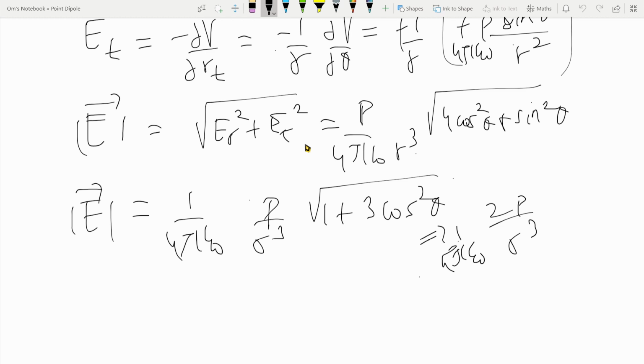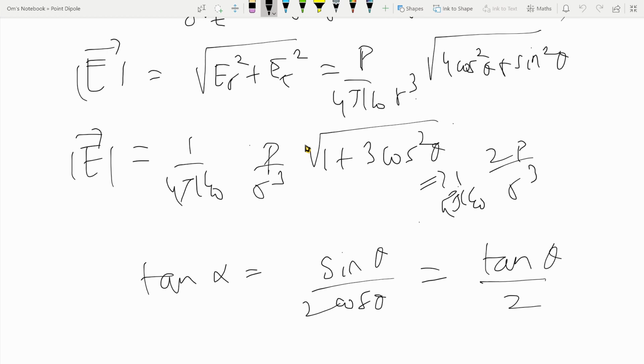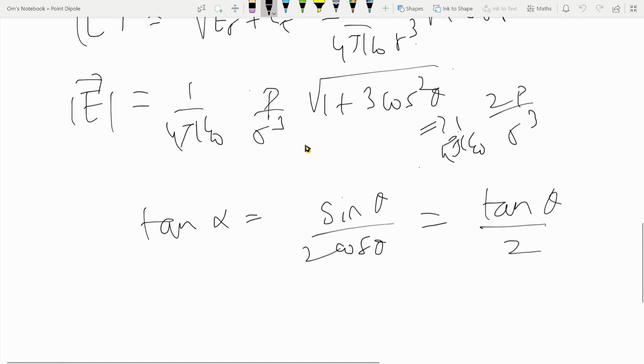So tan alpha is equal to, so I will not write the constants that are common to both the equations, that is p and 1 by 4 pi epsilon naught r cube. What I'll write instead is simply sine theta by 2 cos theta. So this is nothing but tan theta by 2. But this doesn't mean that the angle alpha is half the angle theta, simply that the tangents are half.